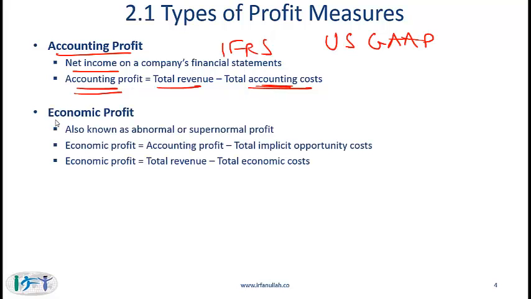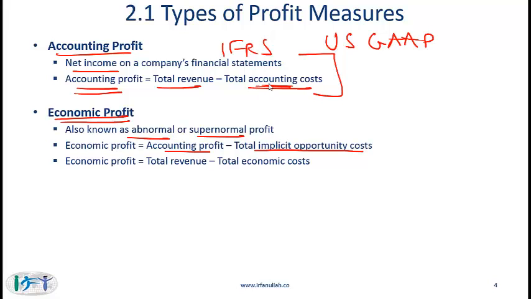Then we come to the definition that is going to be important in this reading, which is economic profit. This is also known as abnormal profit or supernormal profit. Economic profit is the accounting profit that we calculate over here minus any implicit opportunity costs. The point is that with accounting profit, we only consider explicit costs, costs which IFRS or US GAAP allow us to subtract.